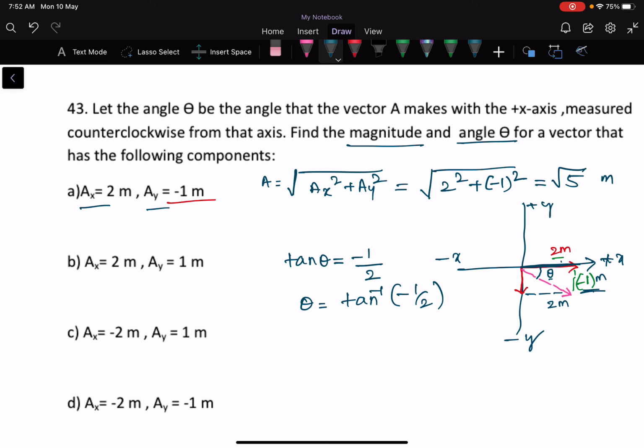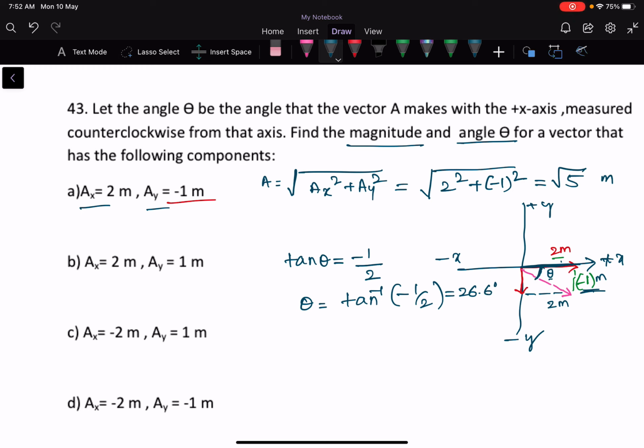One second, I am using a calculator on my mobile. So tan inverse of 1 by 2 is nothing but 26.6. Here you will get it as 26.6 degrees. Okay, so this angle is 26.6.